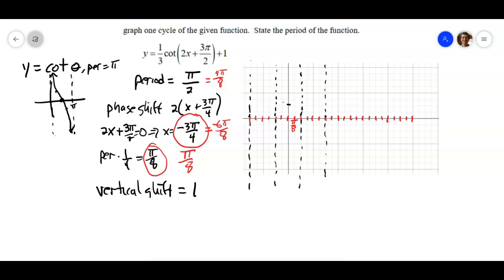So I'm going to call this 1. Actually, looking at the 1/3, I want to go up 3 tick marks to call that 1. All right, so this is where the cotangent wave will be. And that's the same thing in between all of these asymptotes. That's where the function's going to be in its middle.